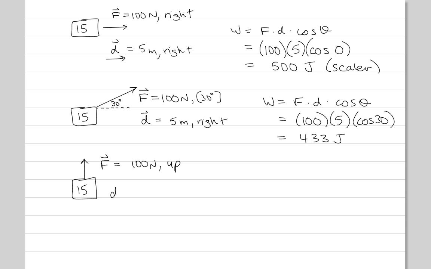The displacement is 5 meters to the right. He's just going to the table, 5 meters to the right. The force is upward. He's moving at a constant velocity. So the net force is 0 to the right, and there's no force causing this displacement to the right.